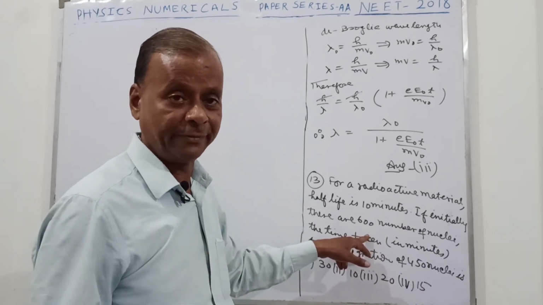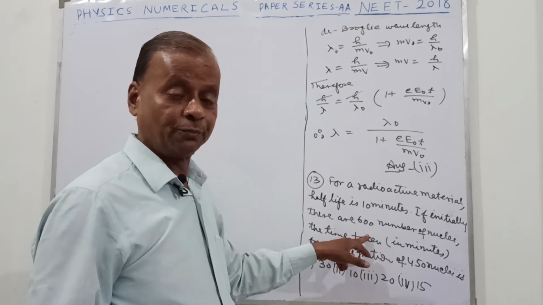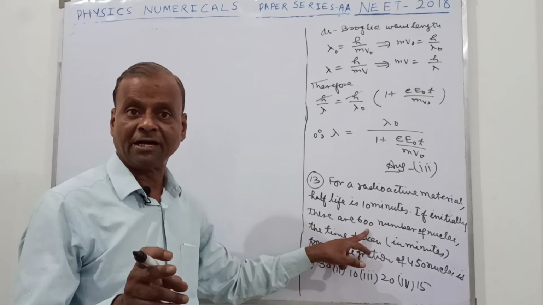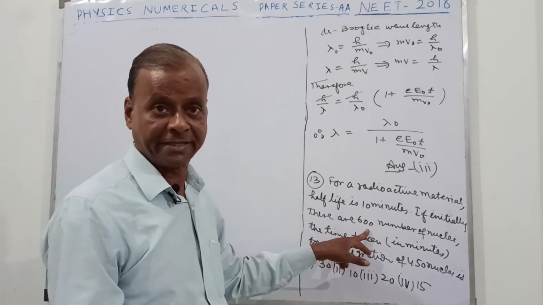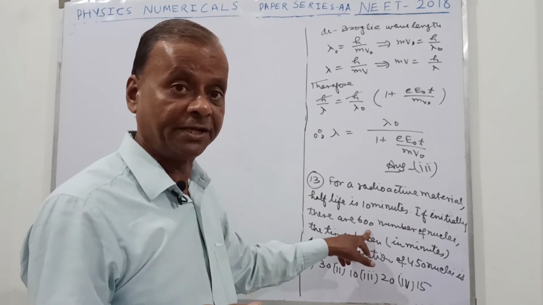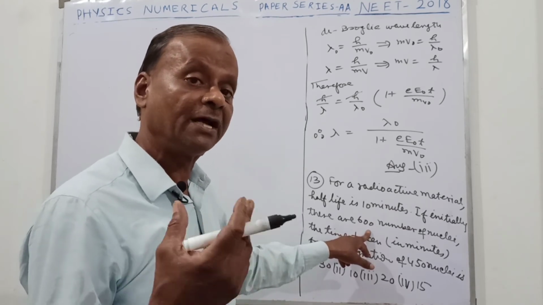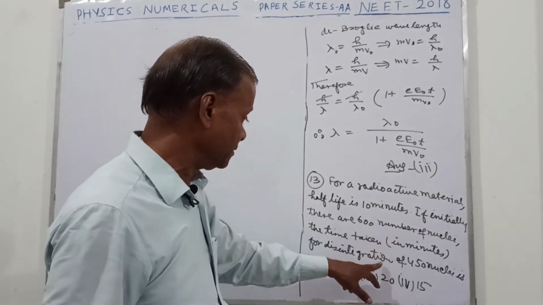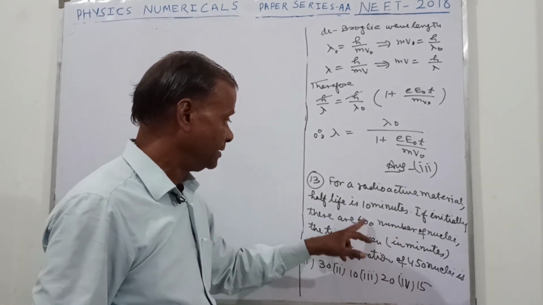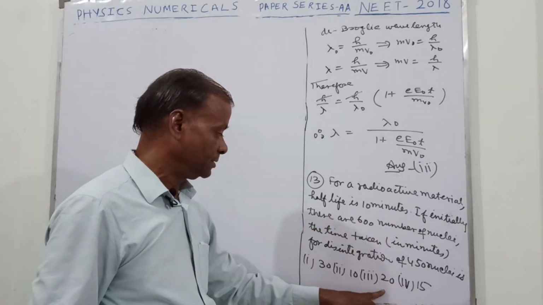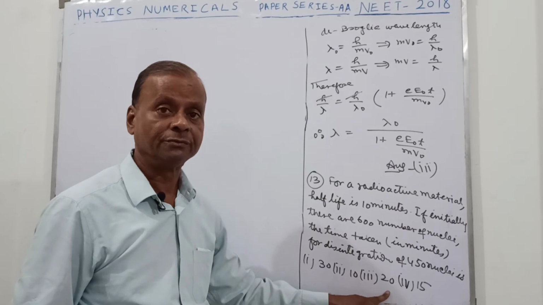So in the first half-life 300 decayed, and in the second half-life 150 decayed. So 450 are decayed, which means 150 are left. So the time taken for 450 nuclei is two half-lives, which is 20 minutes. This is the direct answer.